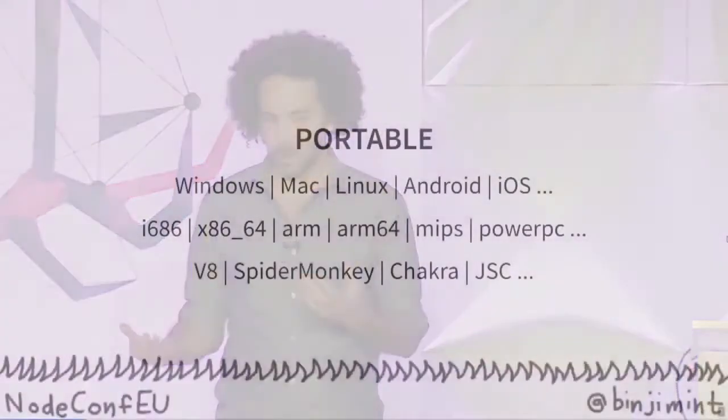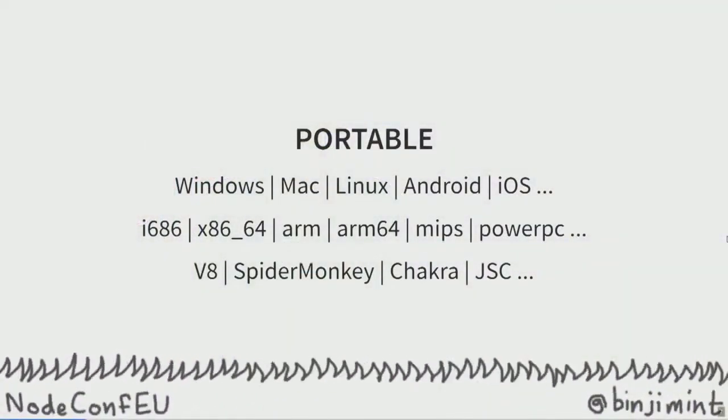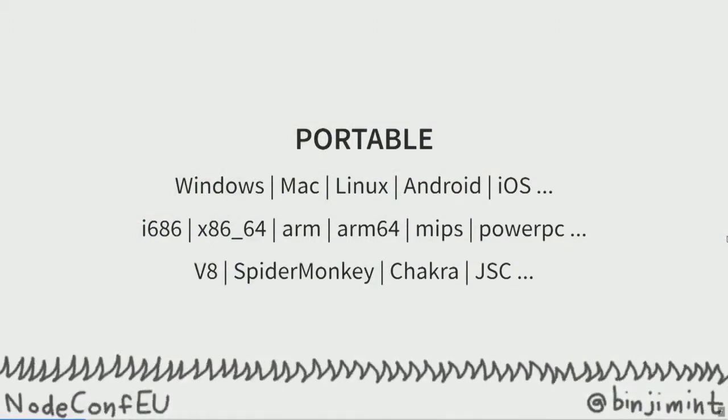So when we say portable, we mean portable in the same way that JavaScript is portable. You expect it to basically run everywhere. Earlier talk from Gordon about Espruino, it's running on microcontrollers. It runs everywhere. Well, we wanted to have a similar goal. If WebAssembly is going to be on the web, it needs to be able to run everywhere. And so that means it should be able to run on any number of different OSs, any number of different ISAs, and any number of different JavaScript engines as well, and non-JavaScript engines.